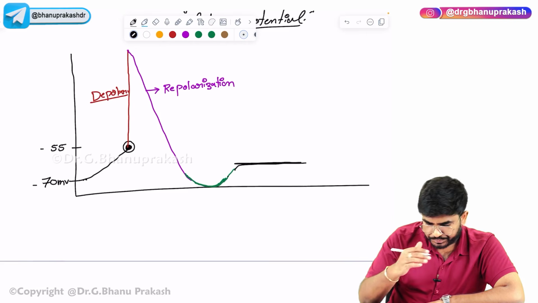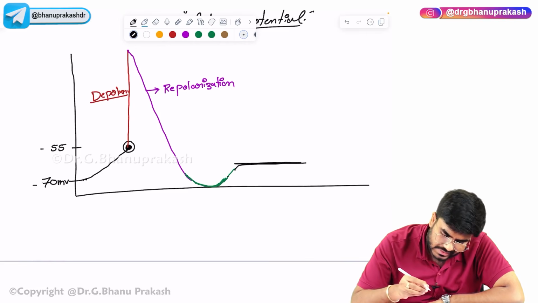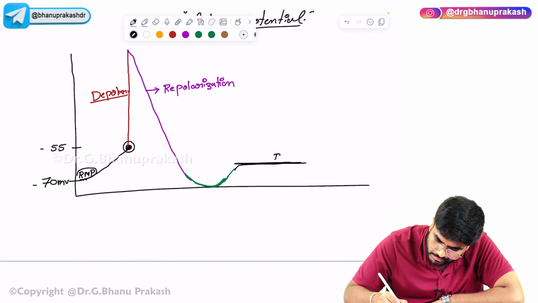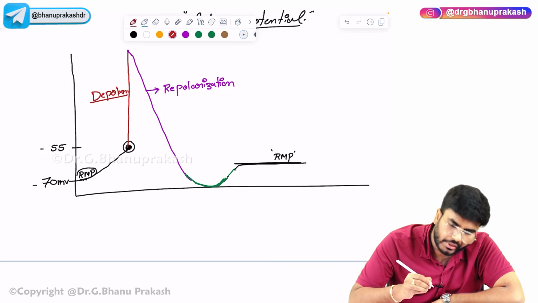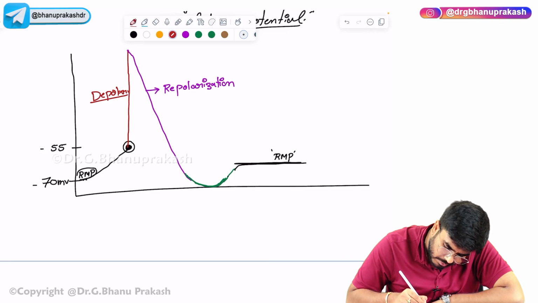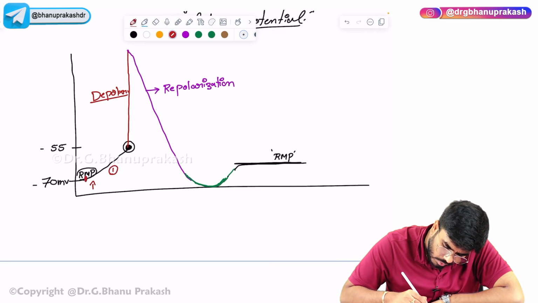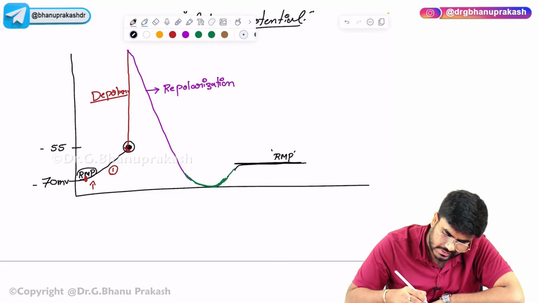So how many phases are there? Look, first there is the resting membrane potential. Initially, what you have is the resting membrane potential. Now, for the first time, you have stimulated, because of which the voltage goes from resting membrane potential to threshold potential. So this is phase 1.